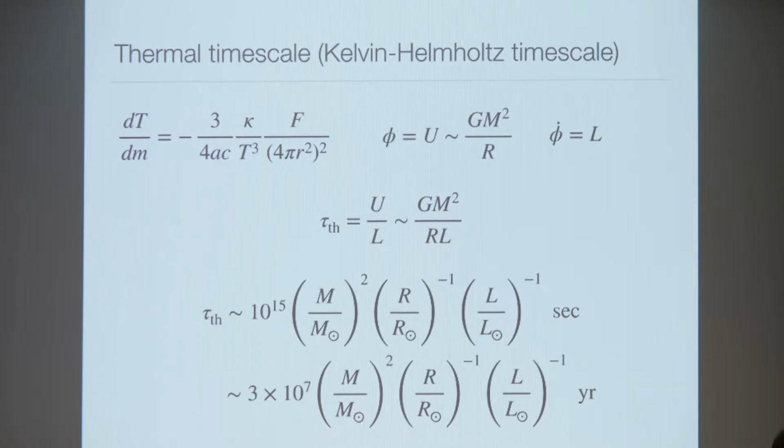If we put in the value for the sun, then this is what you basically get. So 10 to the 15 seconds, which is about 3 times 10 to the 7 years. So 30 million years.